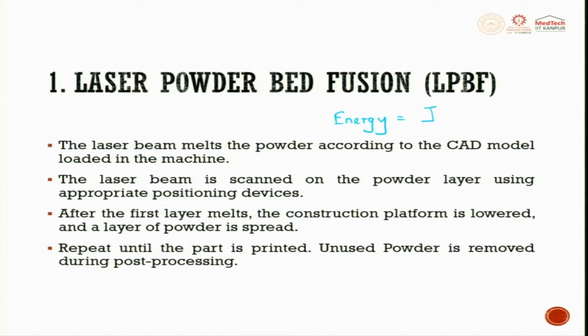Now, if this energy is focused on a small area, then the energy densities go very high. So, the advantage of laser is that it is coherent and focused on a small area, which gives you the freedom of melting of powder. So, the laser beam which is used always tries to melt the powder.